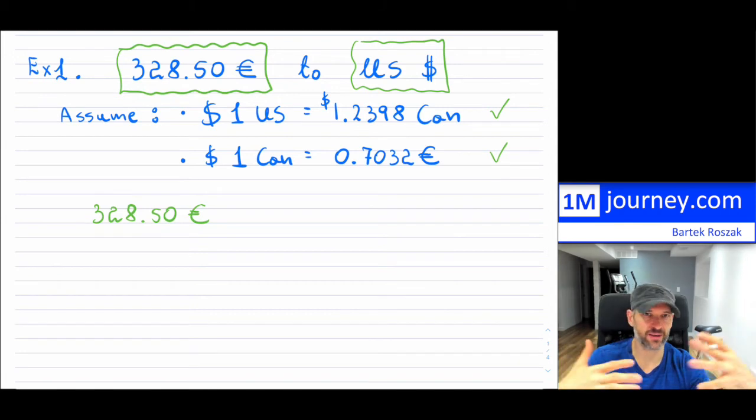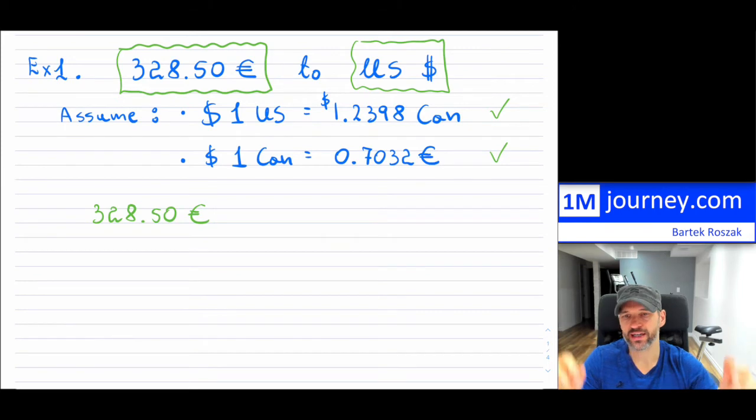But most of the time, teachers might give you the actual conversions and then you have to use those because you can't really look them up, right, on the net. But maybe you do, all right? So here I'm giving you an example where I give you 2 conversions between US dollars and Canadian dollars, and then Canadian dollars and euros.